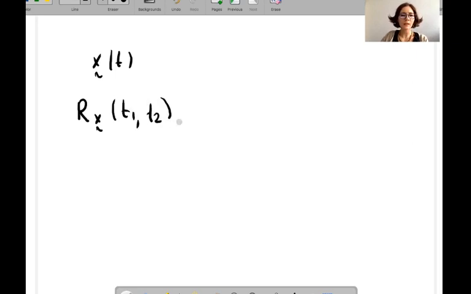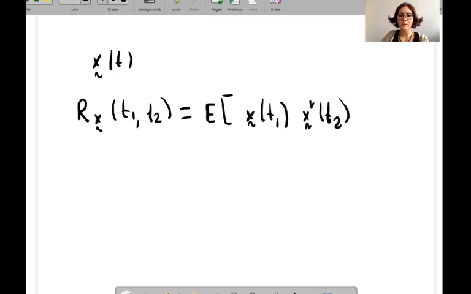We're basically thinking about this random process, and then about the random variables that we obtained by looking at x of t at two different time instances, t1 and t2. This autocorrelation function was the expected value of the product of these two random variables, x of t1, x of t2, and in the general case, if x is a complex valued random process, we put a conjugate sign in here. So this was the definition of the autocorrelation function for a single random process x of t.